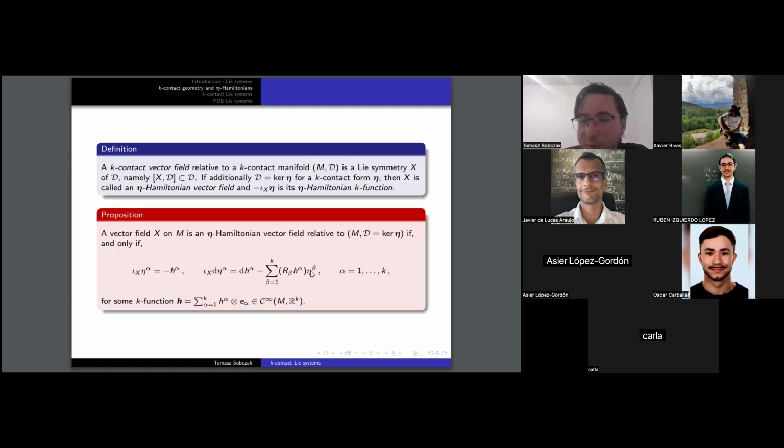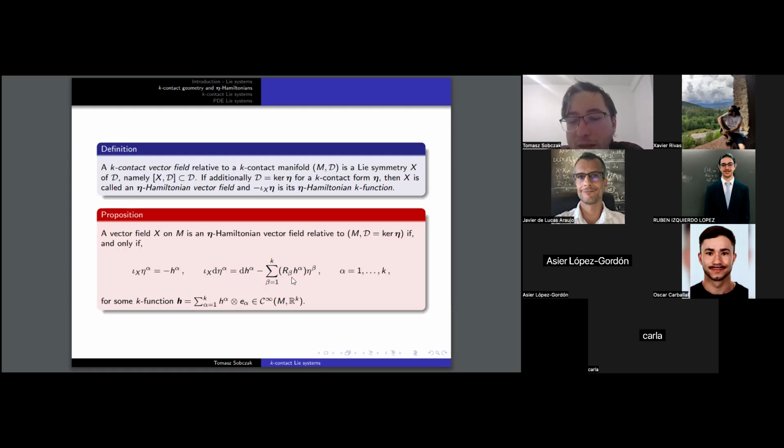I'm not sure, because it was changed: before, I believe it was only one term, where the Reeb vector field was acting only on H^alpha, and now this definition is more useful.